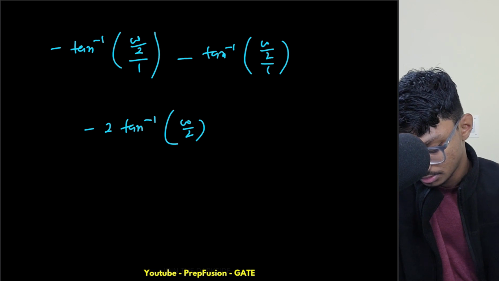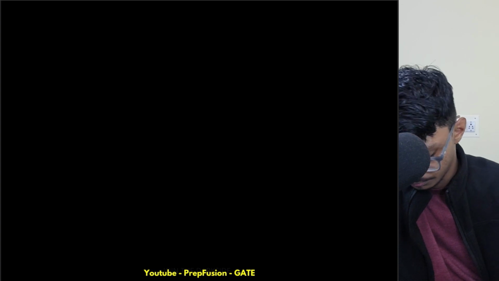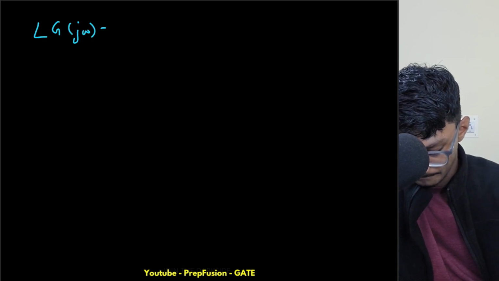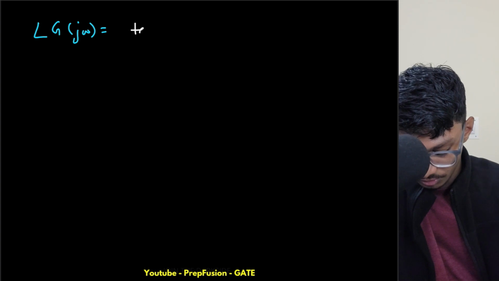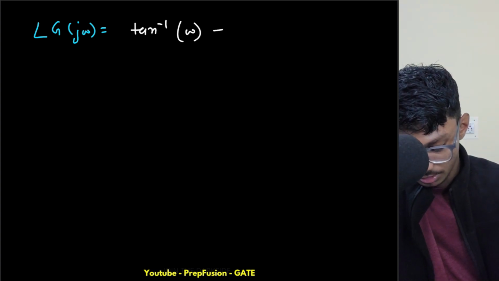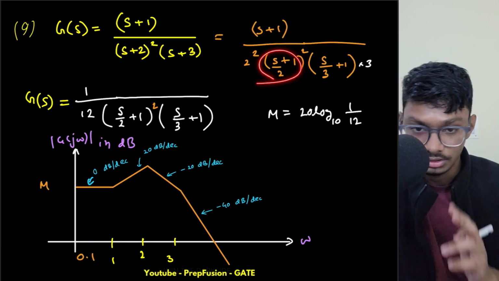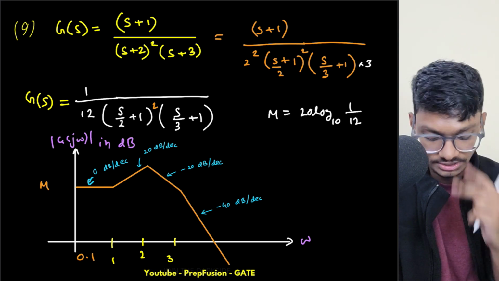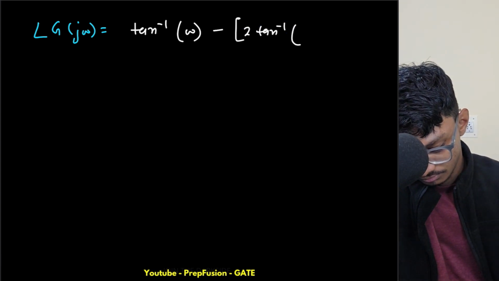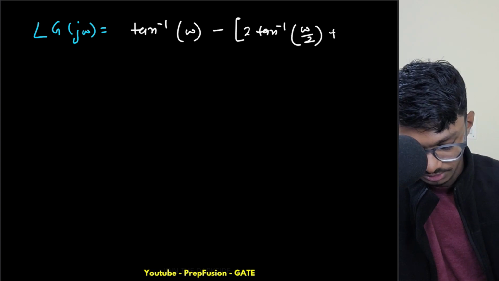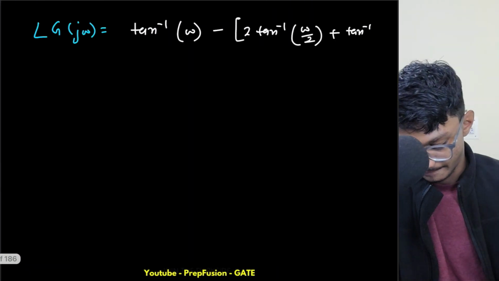Let me do this in a fair way because people will read this. Let me write the angle equation anyways. So angle equation will be, due to the 0, tan inverse omega. Now due to the poles, what is happening? Tan inverse, due to this one I'm getting two poles, right? So it will be 2 times tan inverse omega by 2, plus tan inverse omega by 3.